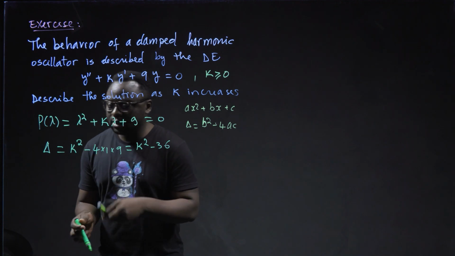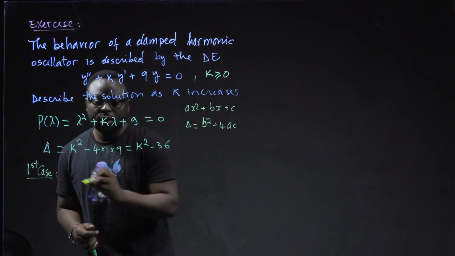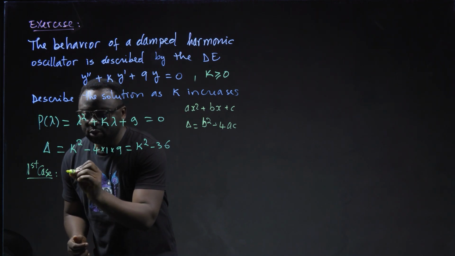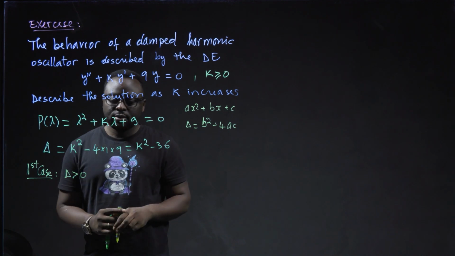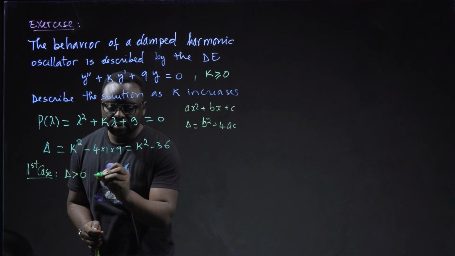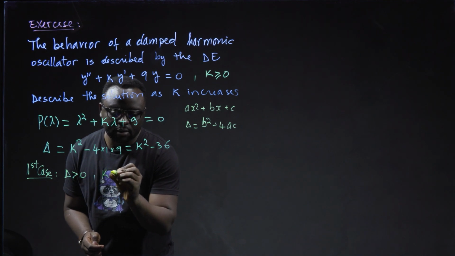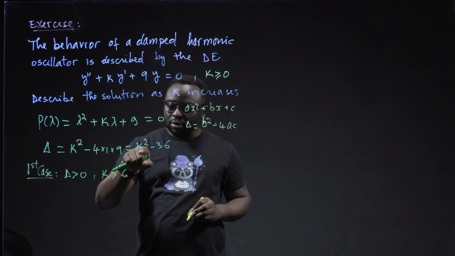Now, let's consider different scenarios. The first case: we assume that this discriminant is positive. Delta being positive means k is greater than 6. So this is the first case.